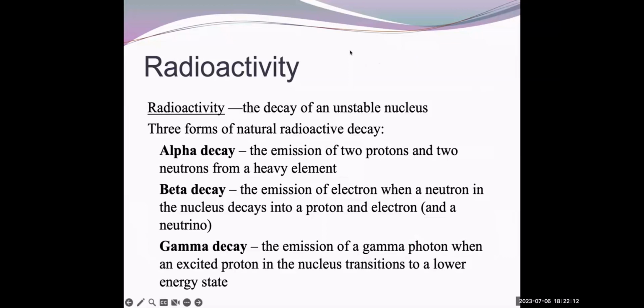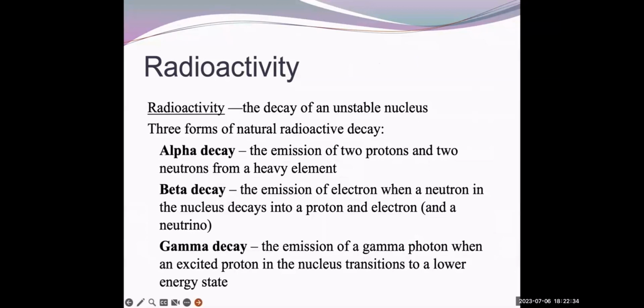Clear now. So we're going to be talking about radioactivity, and radioactivity is the decay of an unstable nucleus, and there's three forms of it. We're going to start with alpha decay, which is the emission of two protons and two neutrons from a heavy element.